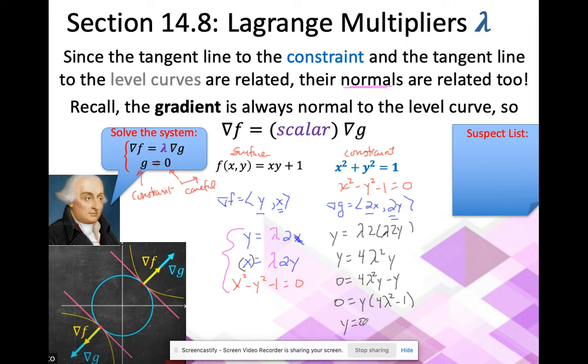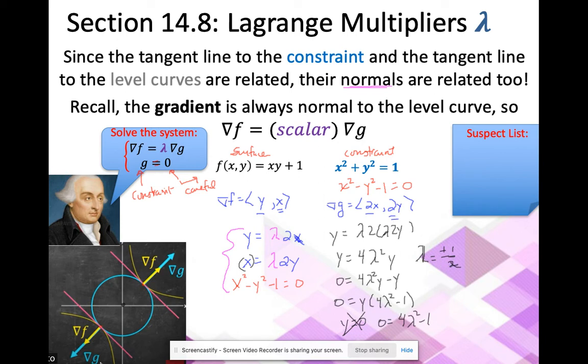Think about it, because if y is equal to 0, what is x? x is equal to 0. Look back at your domain. Is the point 0, 0 on your domain circle? Nah, don't need that. Okay. Add 1, divide by 4, square root. I get two values. Lambda is equal to plus or minus 1/2.